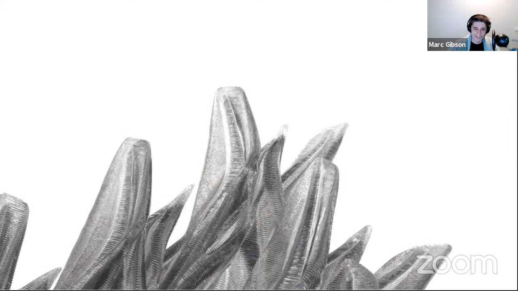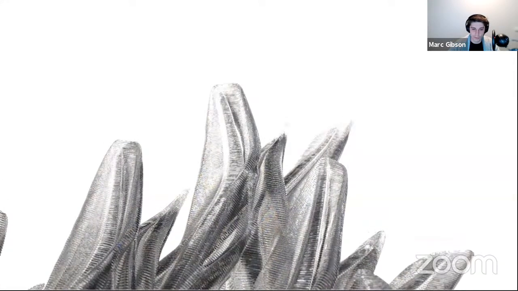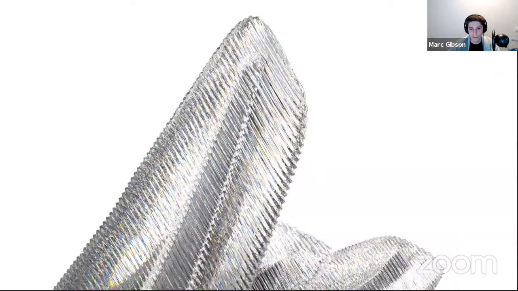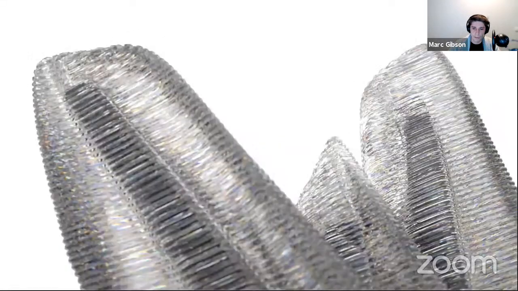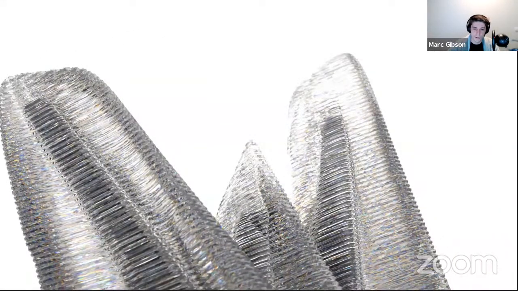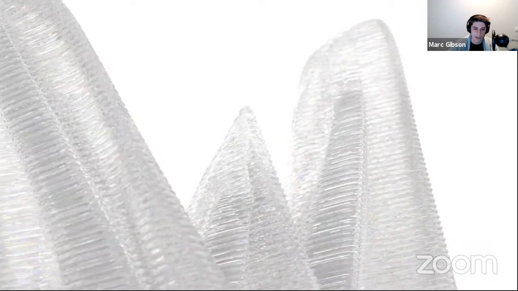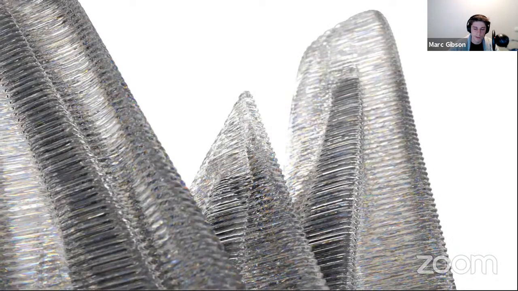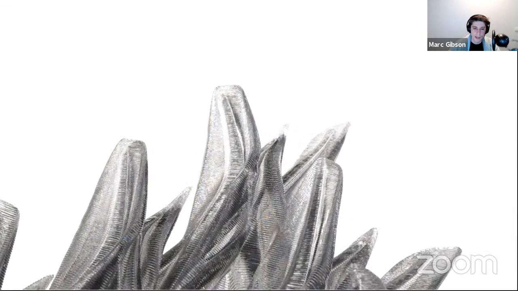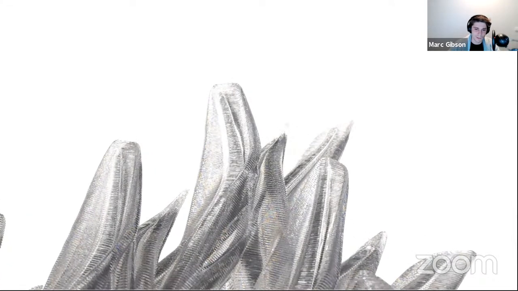As I'm sure you've seen in Roland's presentation just before, we're really interested in the development of complex topologies. This intricacy operates on a number of scales, not only the larger formal scale of the design of the project, but also on the fine-grained ornamental scale of the surface, and also in the cross-sectional volumetric properties of the objects.